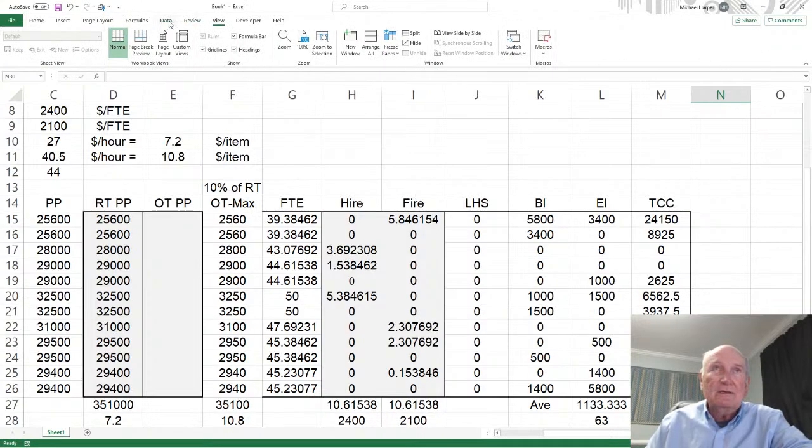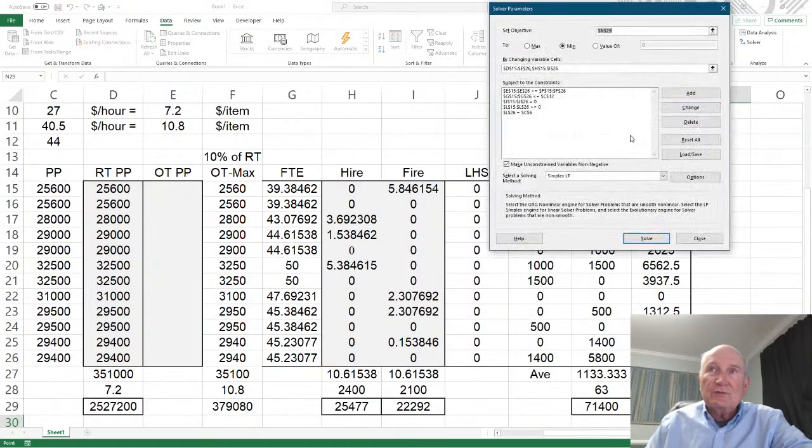The Solver was correct. All this is pretty much correct, but I just didn't put the overtime in. Okay, so we have the overtime here max, the FTE max, the left-hand side, the ending inventory, and then the target.